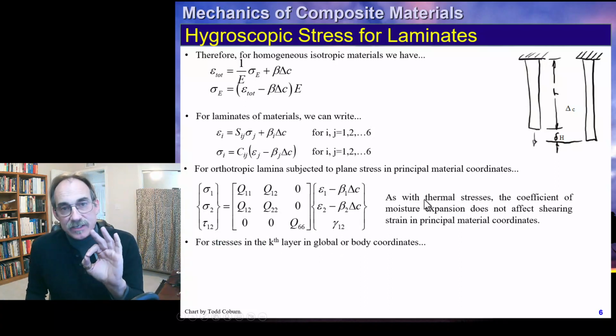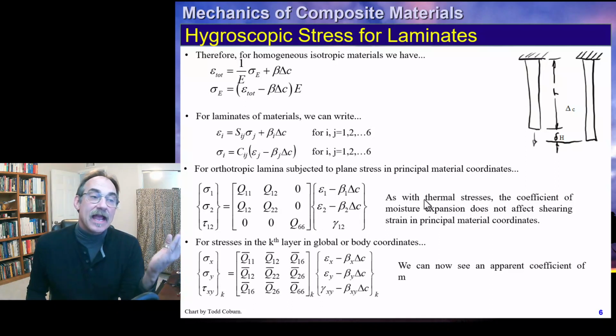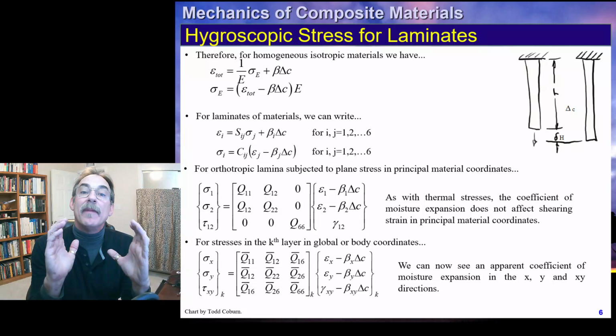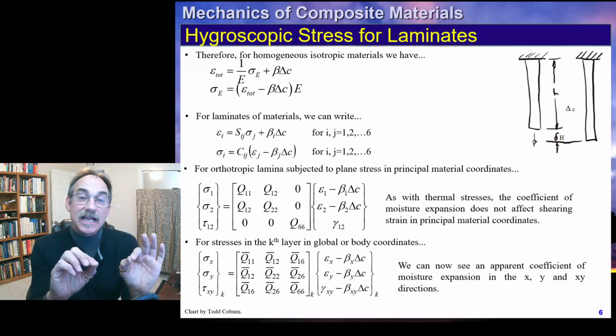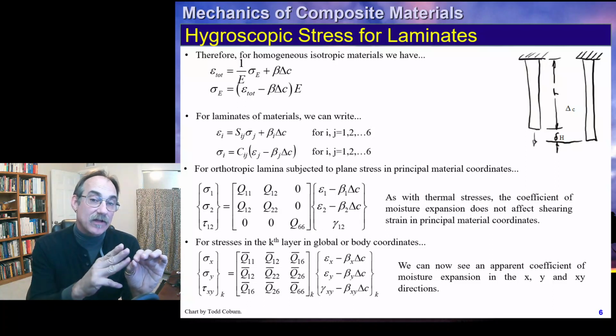And our stresses in each ply or lamina can be written as the Q bar times the total strain minus the strain due to the moisture effect. Just like we saw for thermal, the only difference is now we have a beta delta C instead of an alpha delta T. You got that idea?